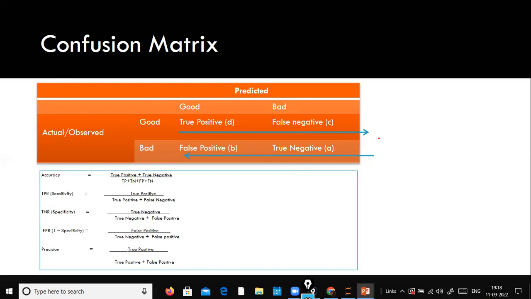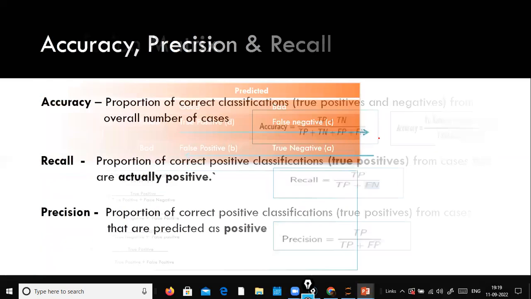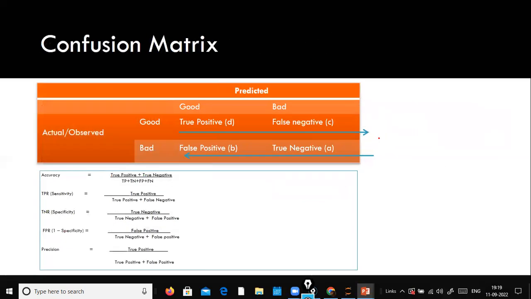How many of the observations it predicted correctly, good as good, bad as bad. That is what we can interpret from the confusion matrix. The confusion matrix is available as a method as part of sklearn, and once you import it, it will give you a table kind of thing. You can see something like this.